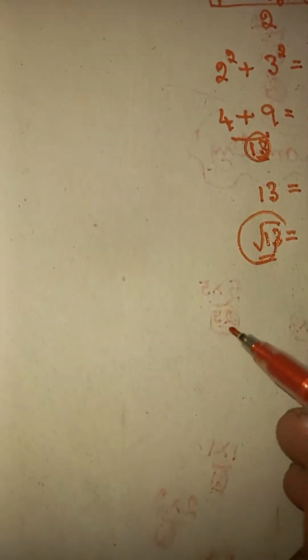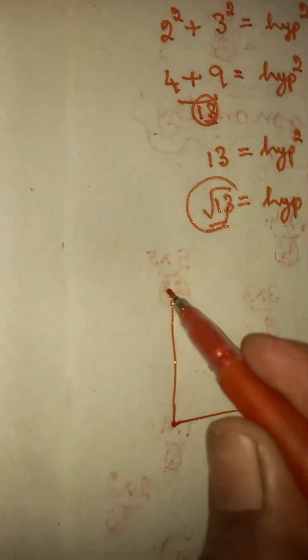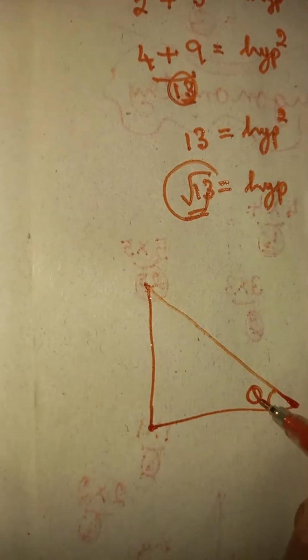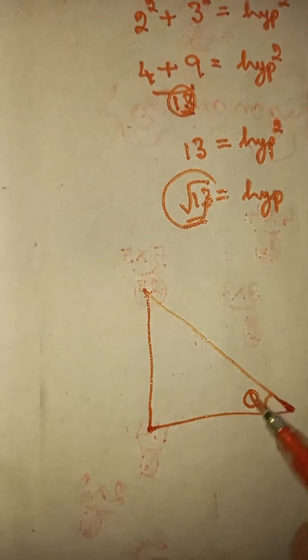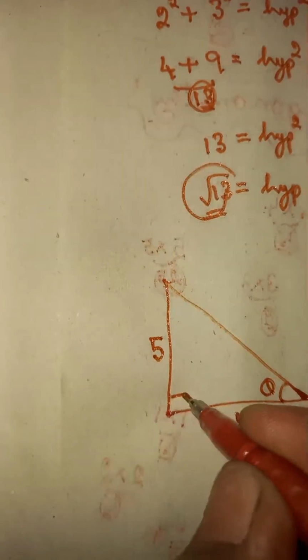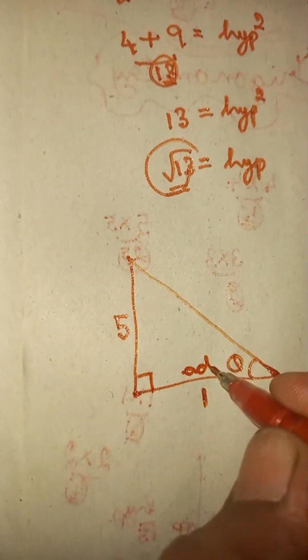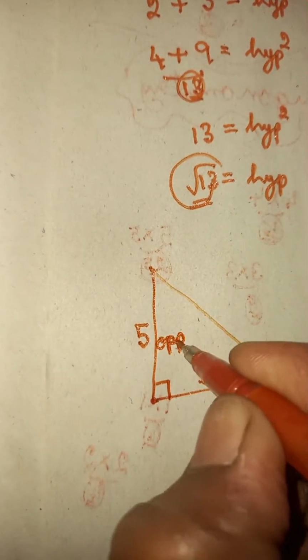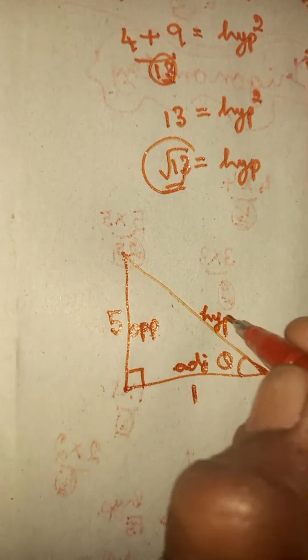Let's take the final triangle. Here in this final triangle they are giving this side is theta, this side length is 1 unit, and this is 5 units. Let's find out what this is. This is the adjacent side, this is the opposite side, and this is the hypotenuse.